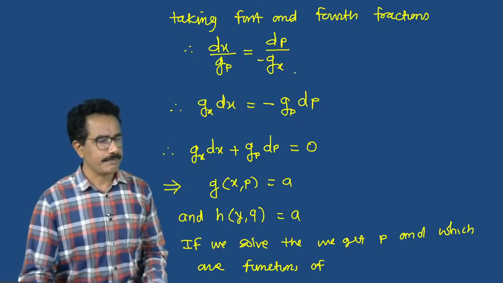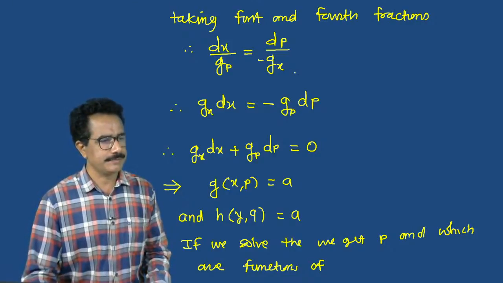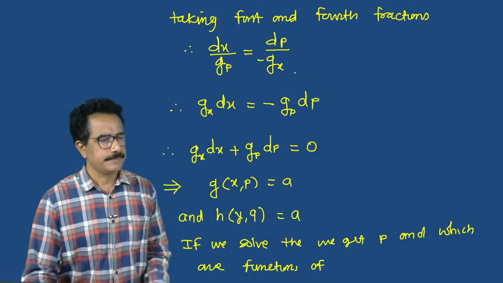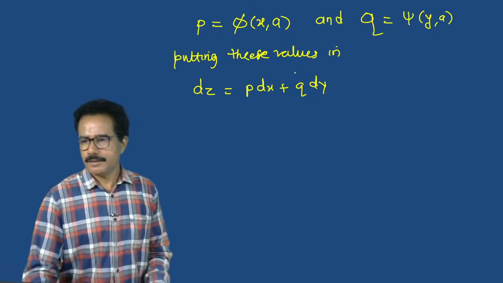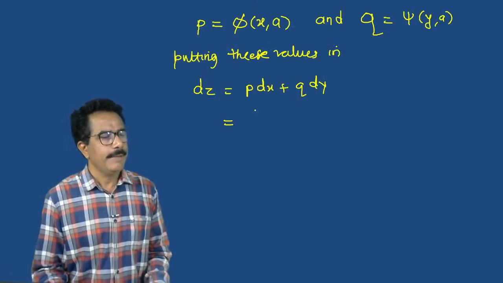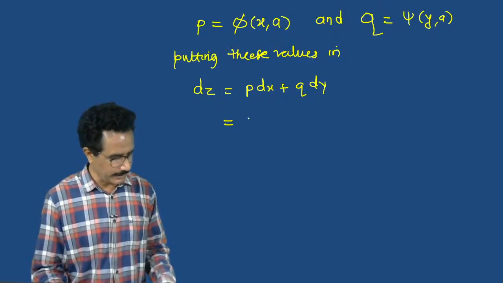Okay, so we can write this as p dx. How we can write this?